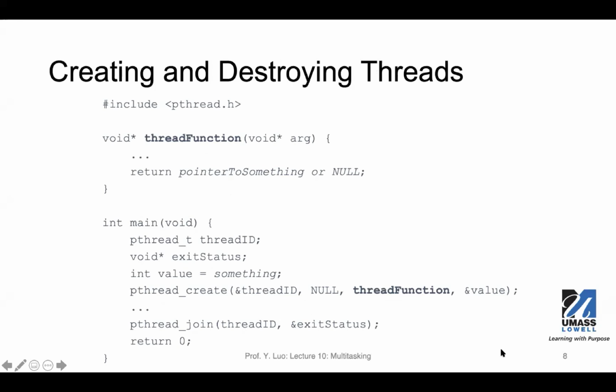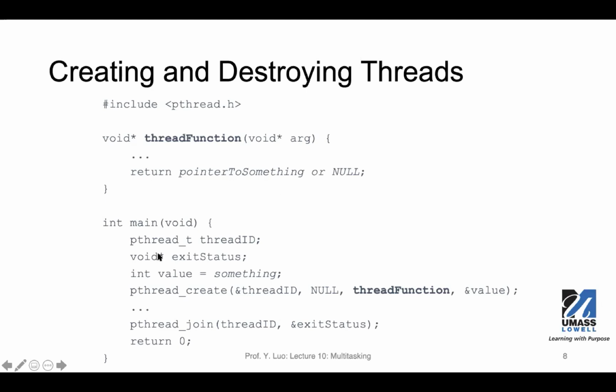Okay. So we saw the very basic example from the last slide. This is another example, quite similar. We have a function called thread_function. It returns a void pointer and takes one argument. This thread_function returns a pointer to something or NULL.